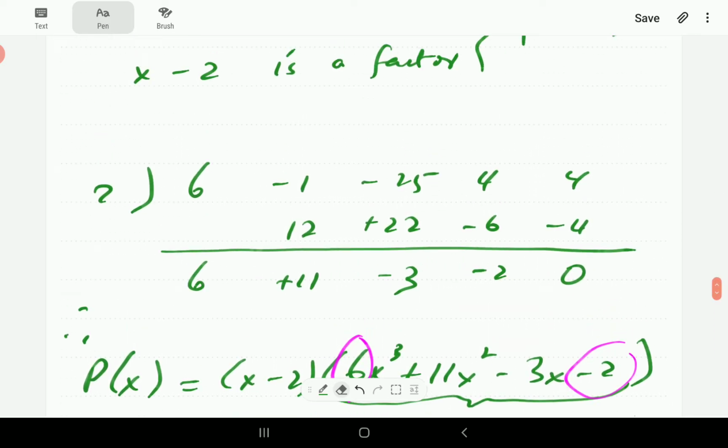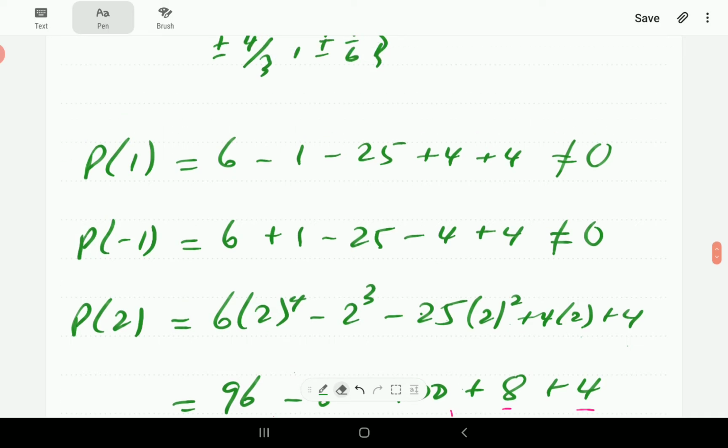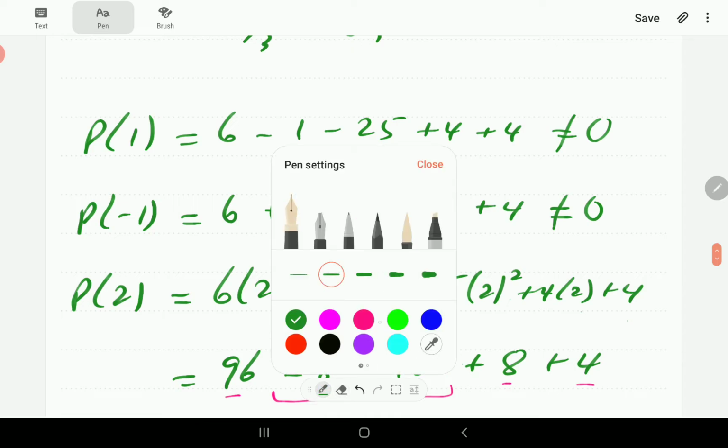Now going back to the numbers that we tried in P and they did not work, namely 1 and negative 1.